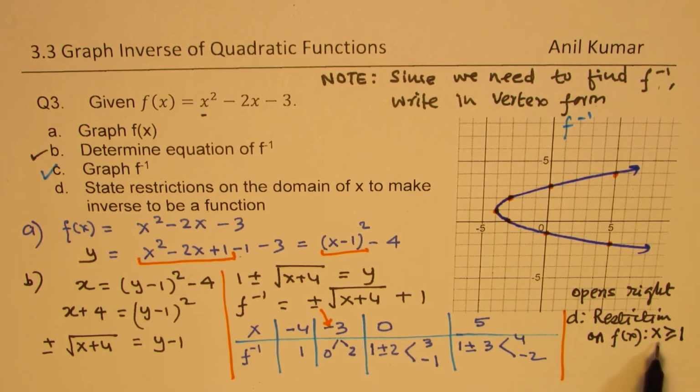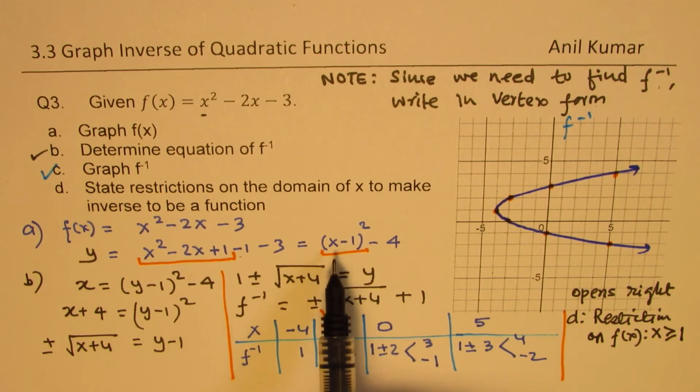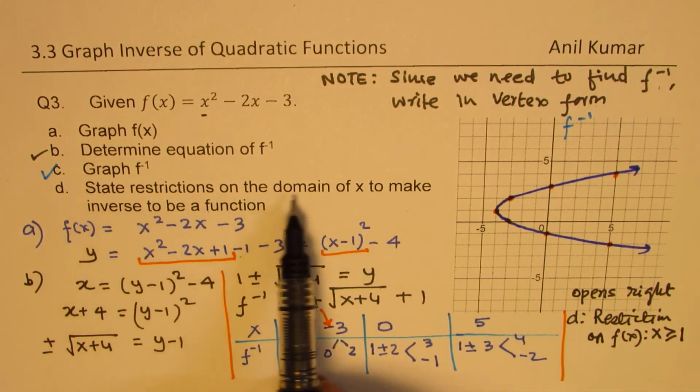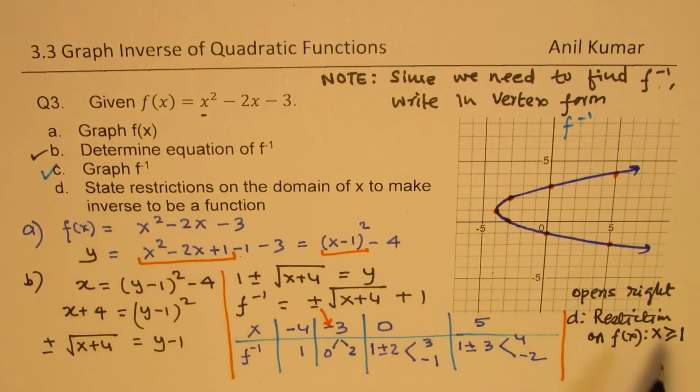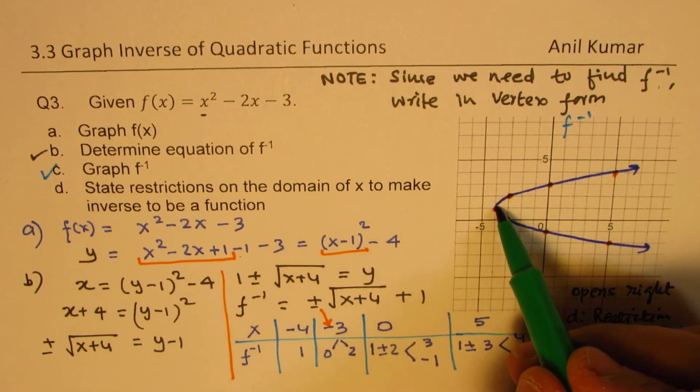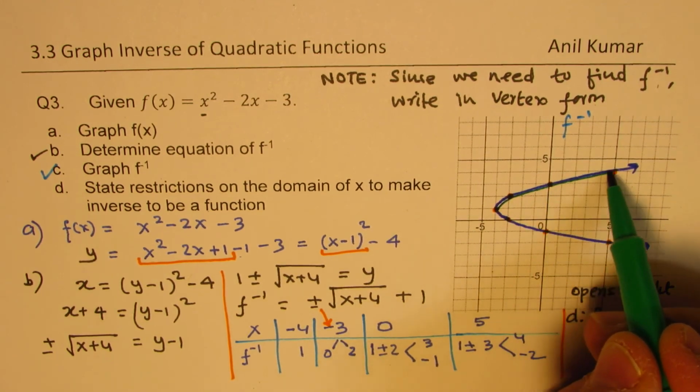If x is greater than or equal to 1, in that case, we are restricted to the upper half, correct? State restriction of the domain of x to make the inverse a function, then the inverse will be a function, right? So that is the restriction which we made. Well, if I have to highlight this part, it will be highlighted as the upper half of this parabola.